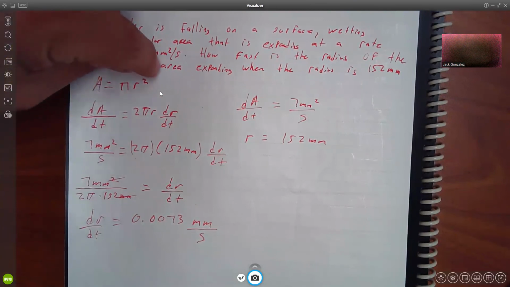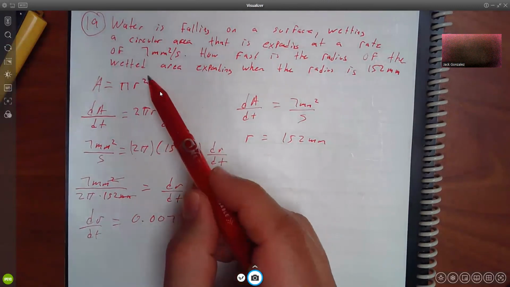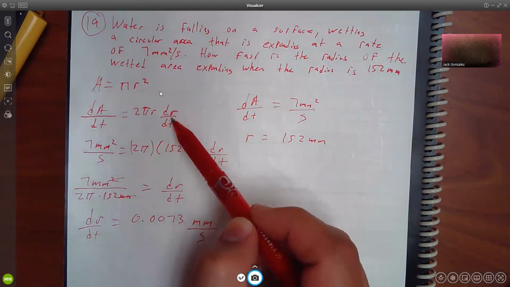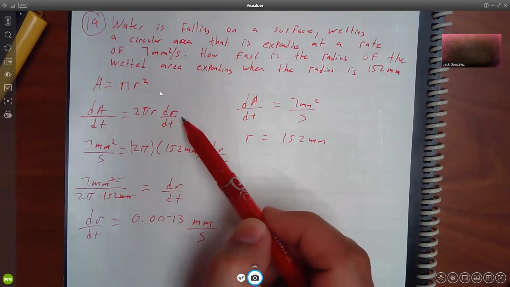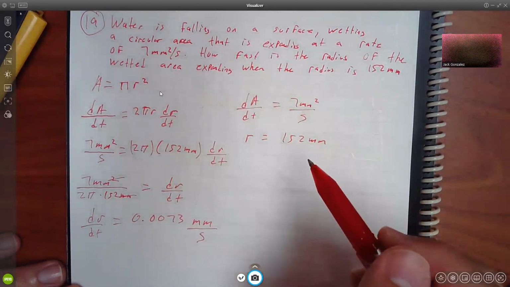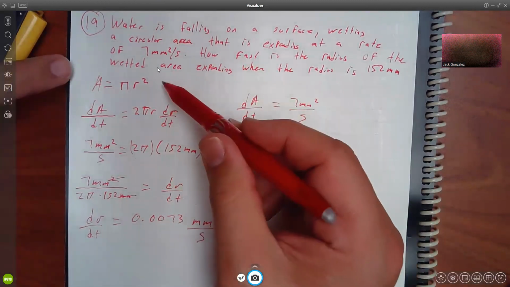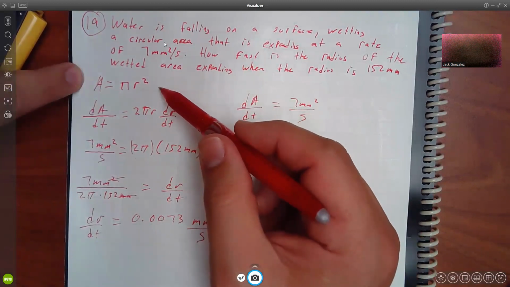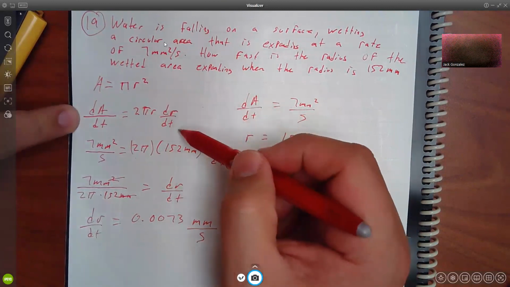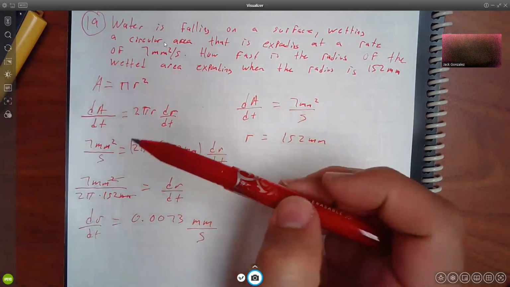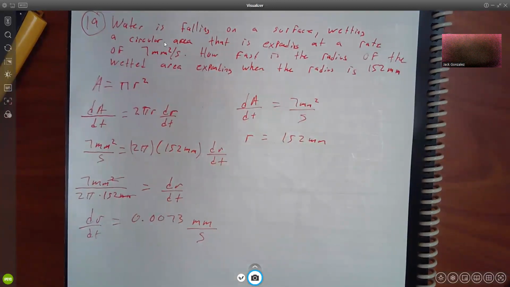Bring down the 2, subtract 1, times dr/dt because it's implicit. Basically, I took the derivative of the area of the circle, the derivative of both sides with respect to time. That gives me the rate of change of the area over time.